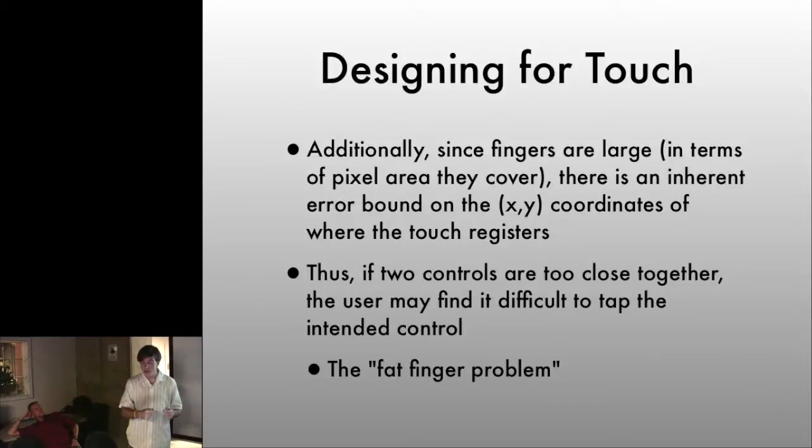Because there's this small amount of error, if you have two controls that are too close together, the user is going to have a hard time figuring out which one they're actually touching. So you don't want to have your controls too close to each other, because the user will struggle to figure out which one they're actually touching.